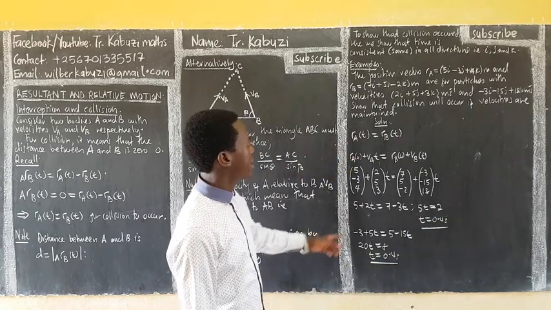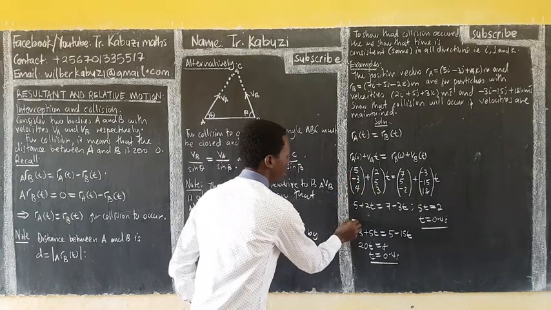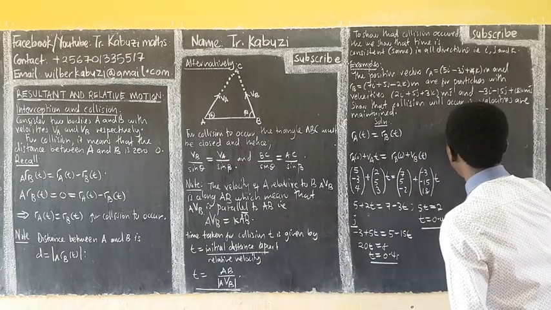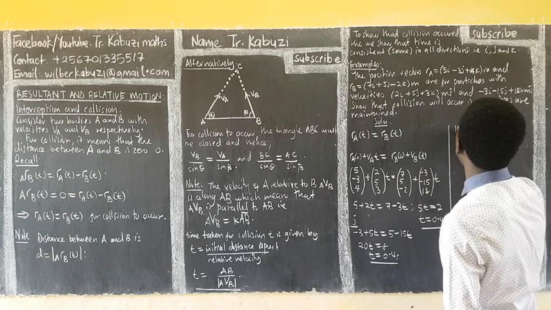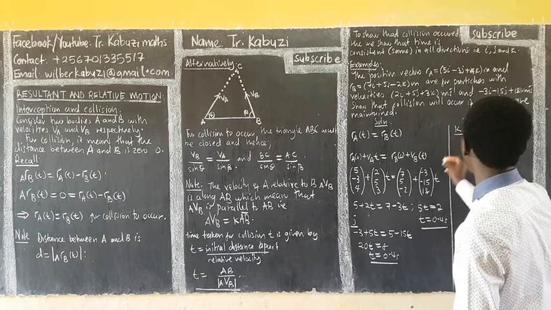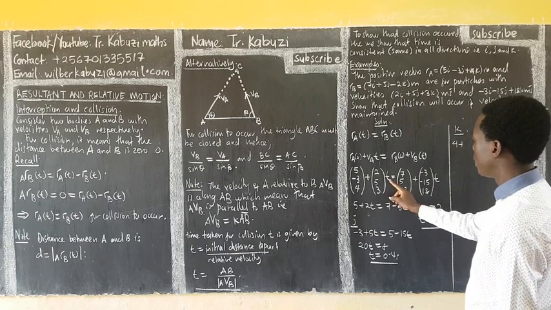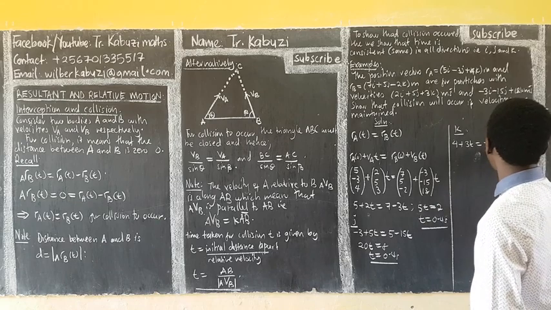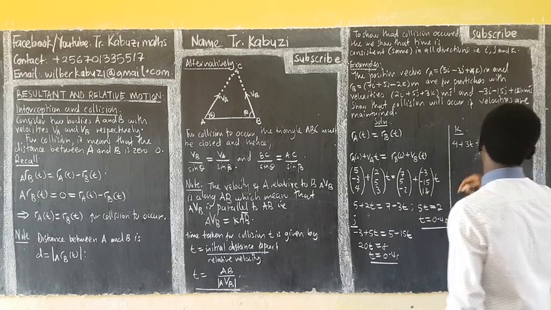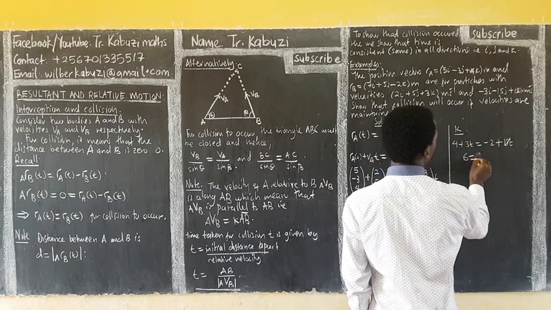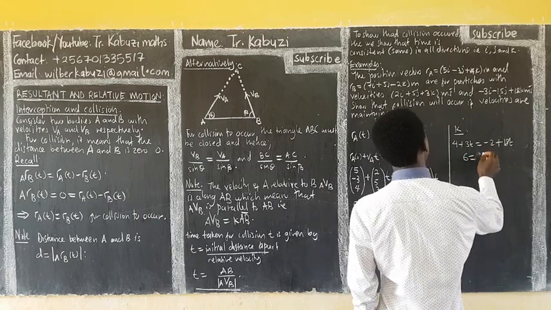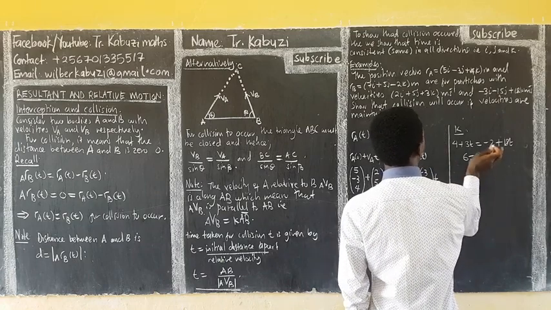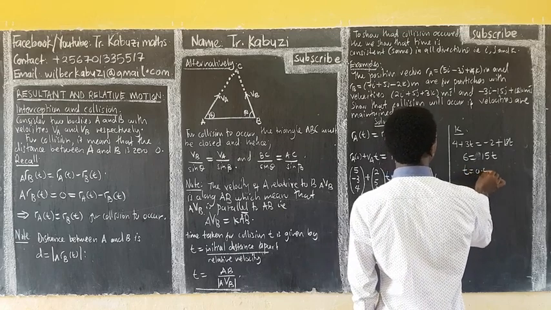So that's the j direction. Then let us also try the k direction. It means that 4 plus 3t will be equal to -2 plus 18t. Bring this side, we have 6 equaling 15t, so t is 2 over 5, which is 0.4 seconds.